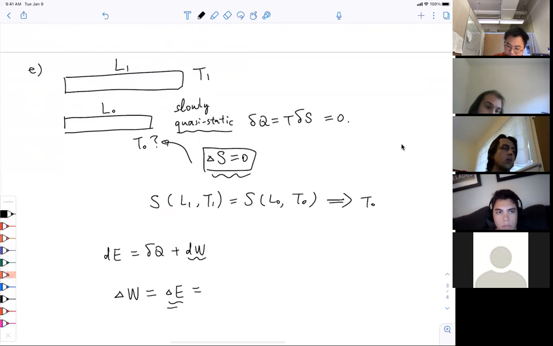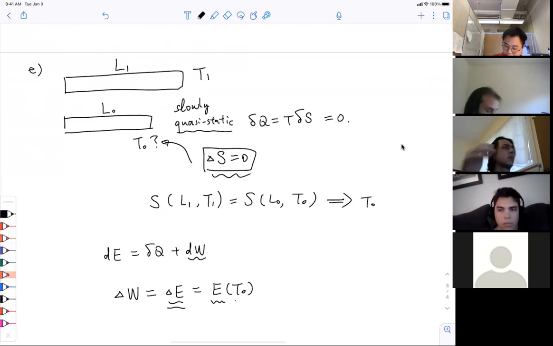That is the final internal energy at T0, remember the energy only depends on temperature, minus the initial one at T1.